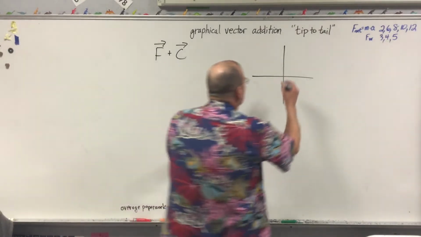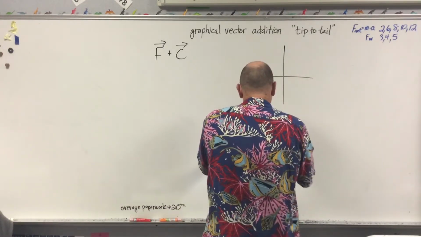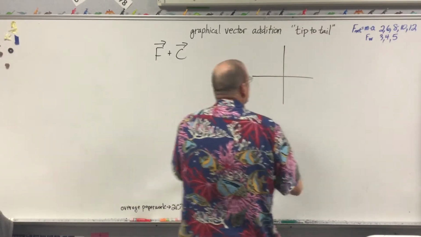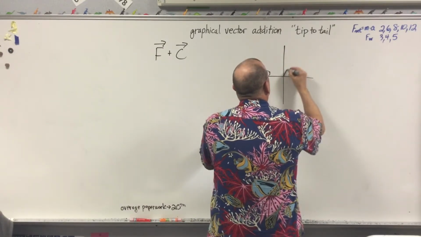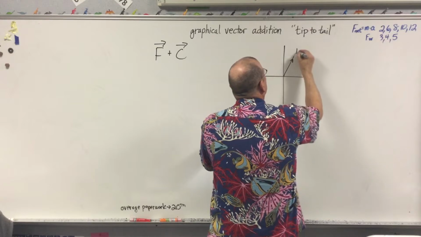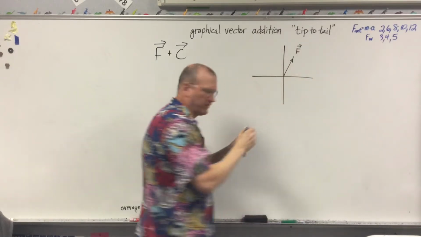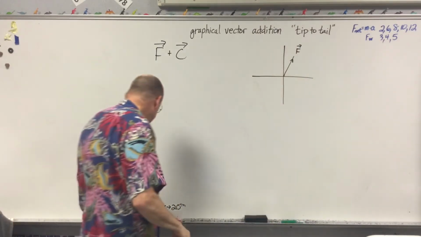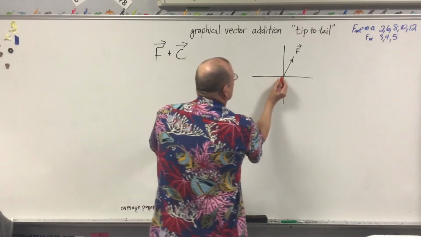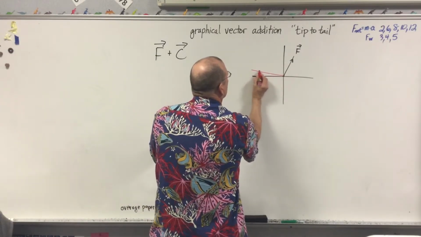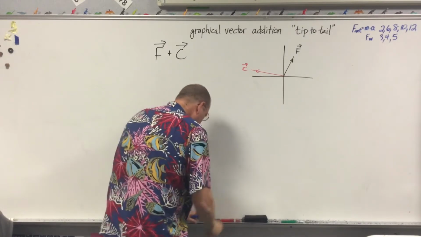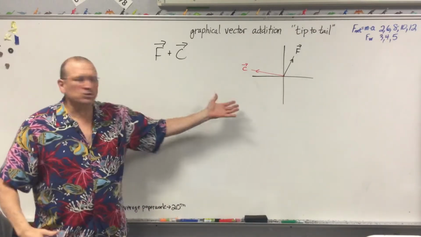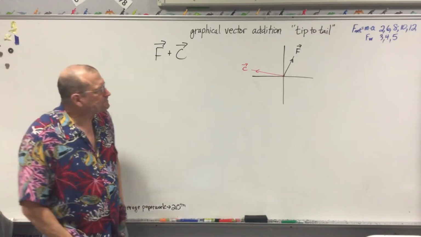So F, and I'm going to do these in different colors. I'm going to use black for the first one. So this one was F, and then C would look like this. So you're supposed to add these two together.